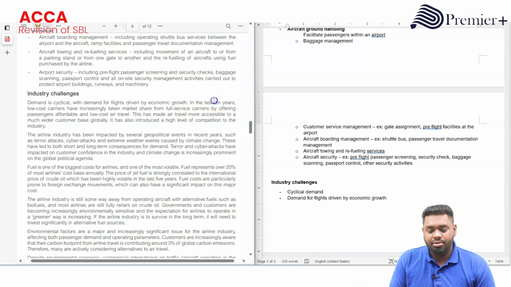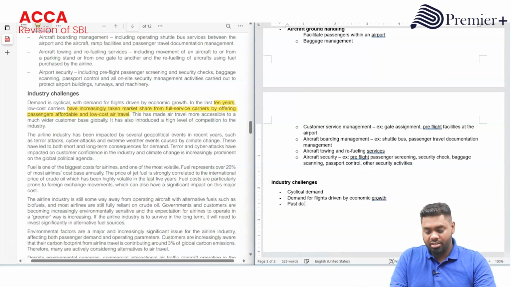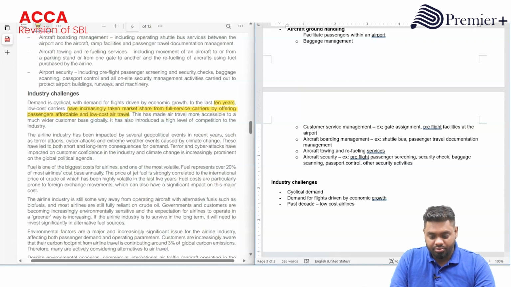In the last 10 years, low-cost carriers have increasingly taken market share from full-service carriers by offering passengers affordable, low-cost airlines. So in the past decade, low-cost airlines' market share has increased. Customers switched from full-service carriers to low-cost airlines.